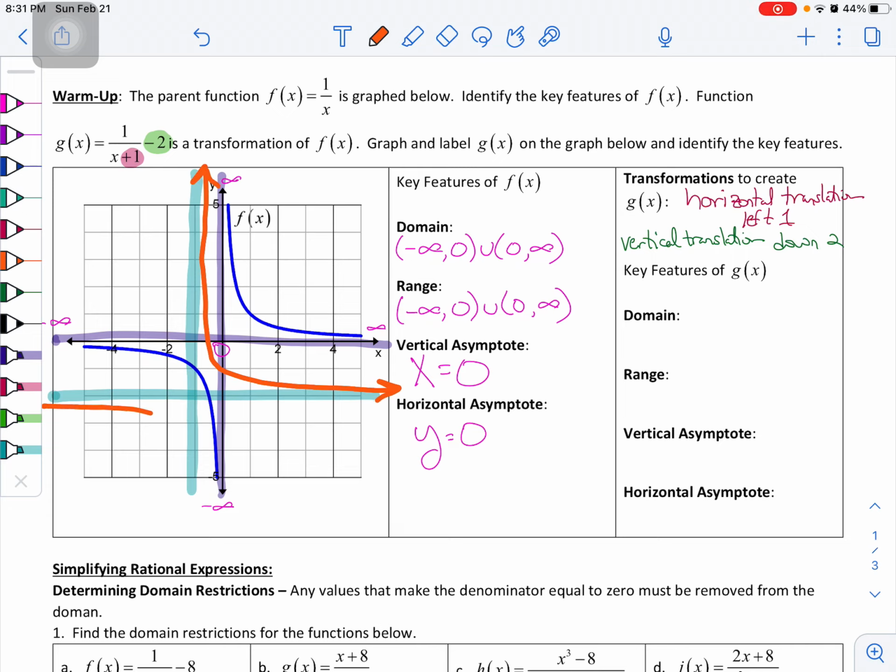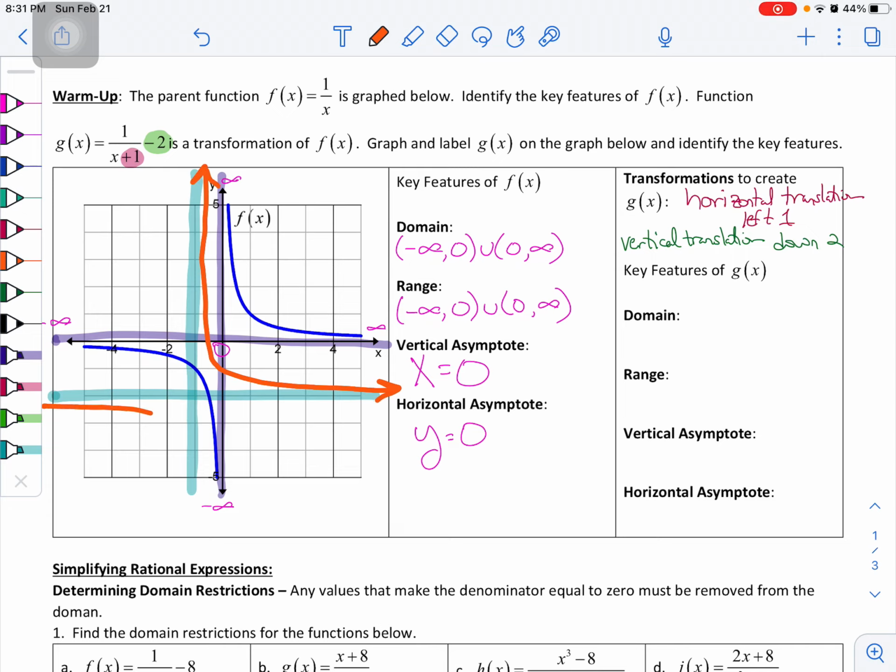All right. Now, these key features are a little different. So on the vertical asymptote, we're now at -1. And the horizontal asymptote is at -2. So vertical asymptote x equals -1, horizontal asymptote y equals -2.